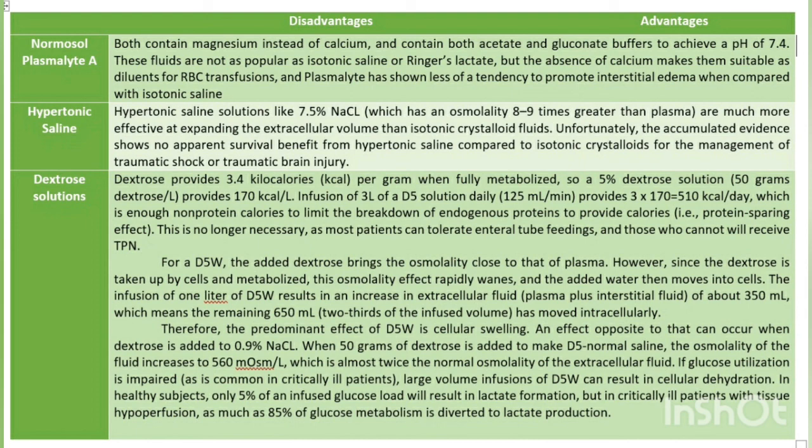In healthy subjects, only 5% of the infused glucose load will result in lactate formation, but in critically ill patients with tissue hypoperfusion, as much as 85% of glucose metabolism is diverted to lactate production.